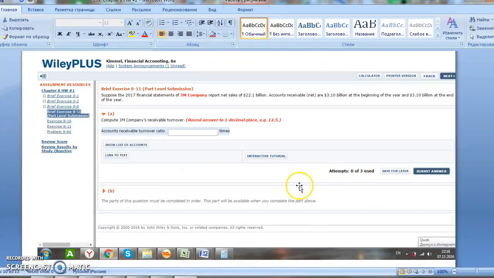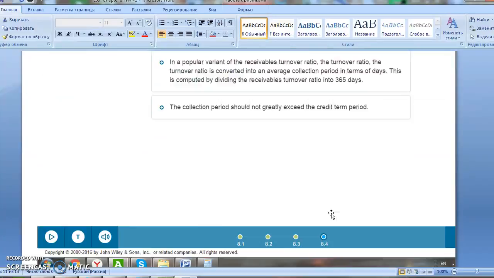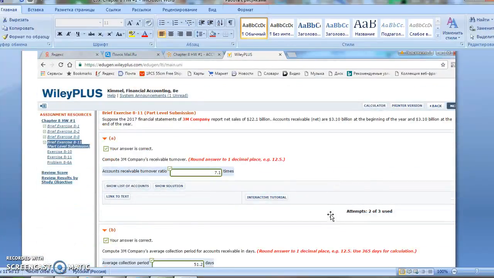The total interest will be $5,664. In Brief Exercise 8-11, we need to compute 3M Company's receivable turnover in point A. We do it by the formula which states that the receivable turnover ratio equals the fraction where net credit sales are in the numerator and average net receivables in the denominator.